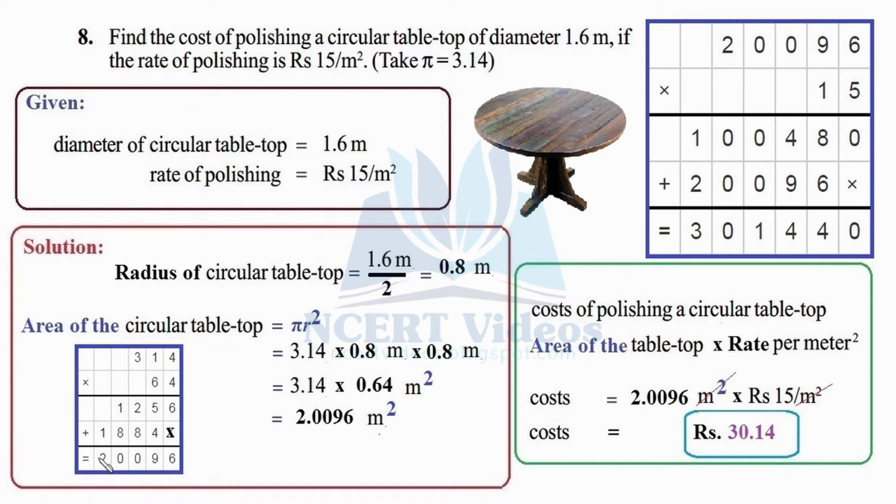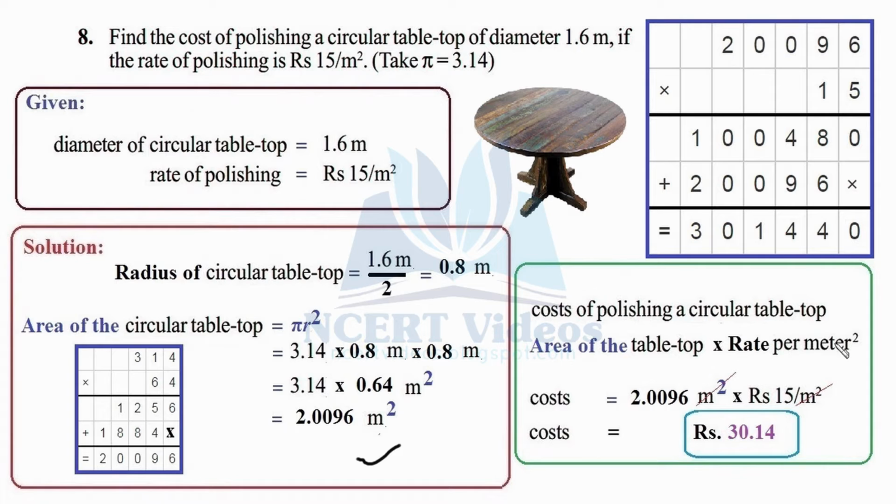So you will write 20096, and what about the decimal part? 1, 2, 3, 4. That's your required area.